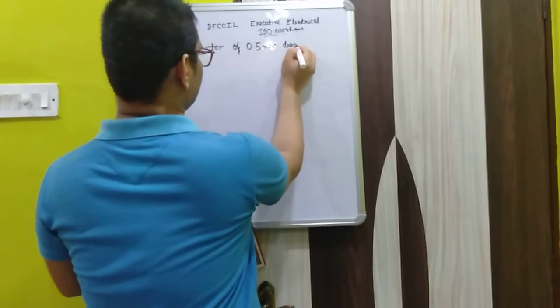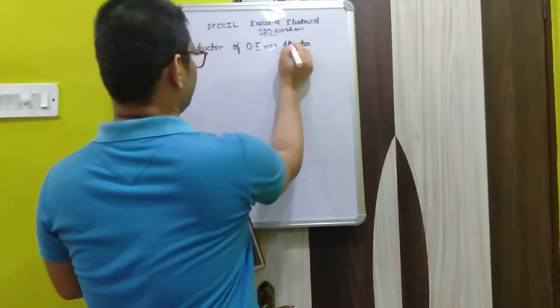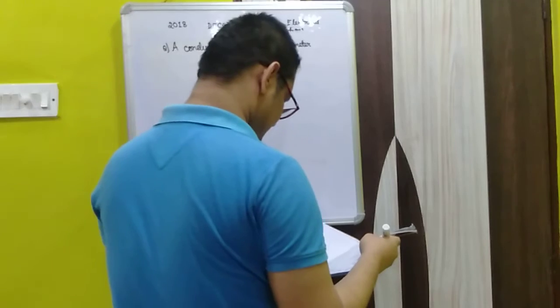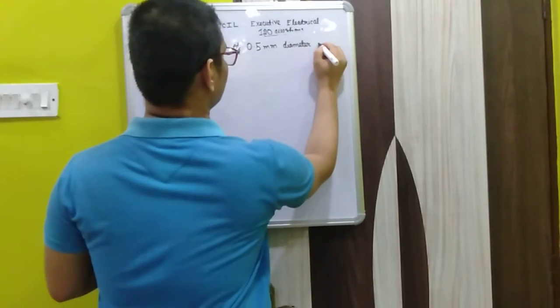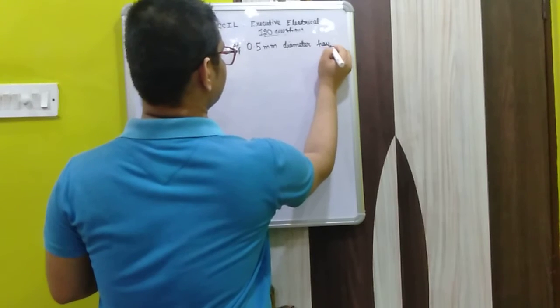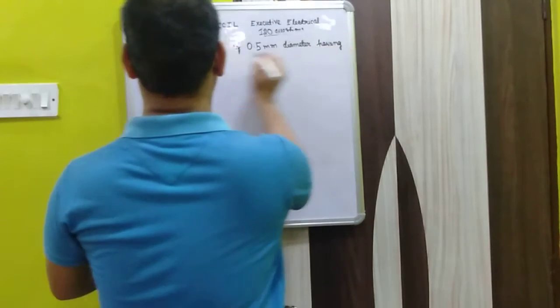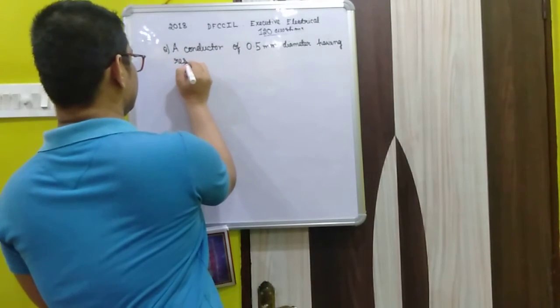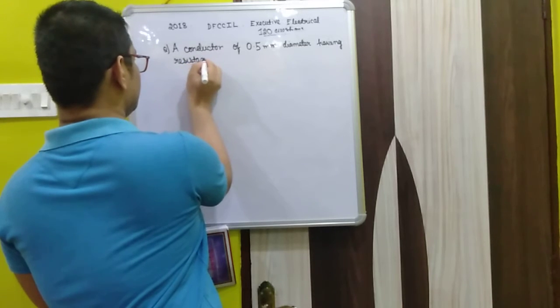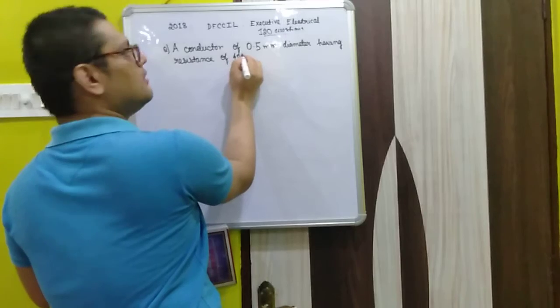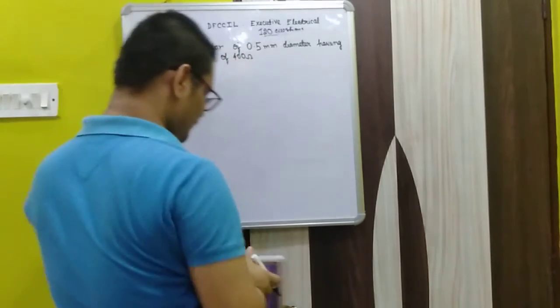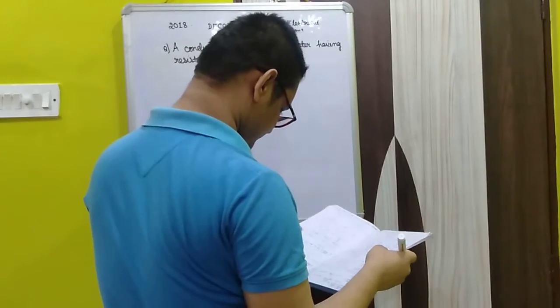This is the conductor of 0.5 millimeter of diameter. So other data which has the resistance of 400 ohm.